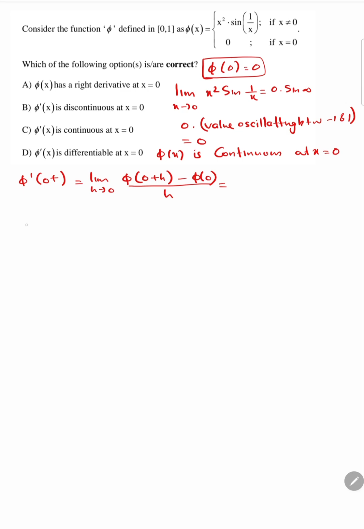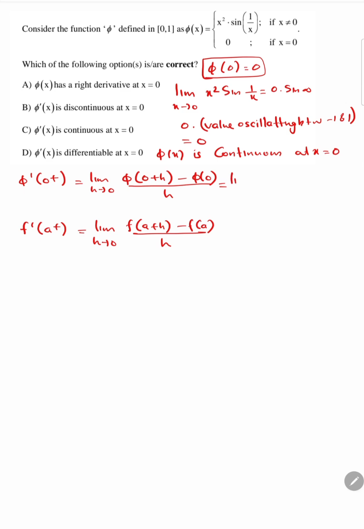That's the basic definition. For those students who don't know, I will just write the formula. The right hand derivative of a function at a is the limit as h tends to 0 of f of a plus h minus f of a divided by h. Here at 0 we need to find the right hand derivative, so instead of a it is 0. I hope it's clear to you.